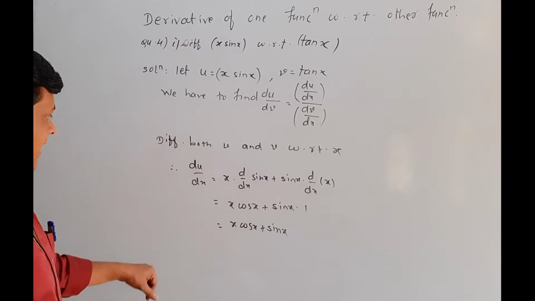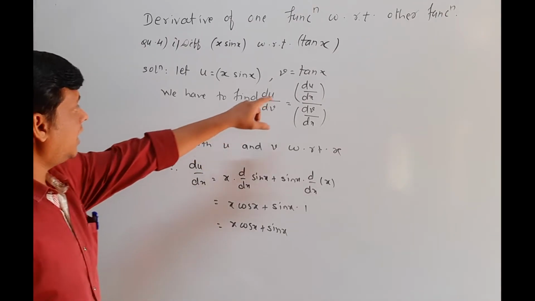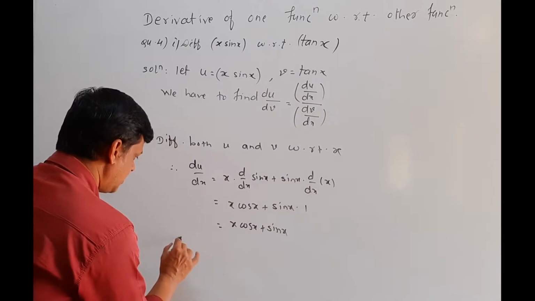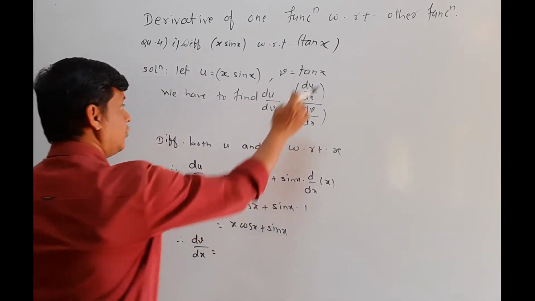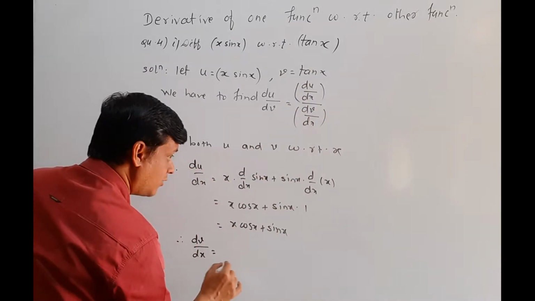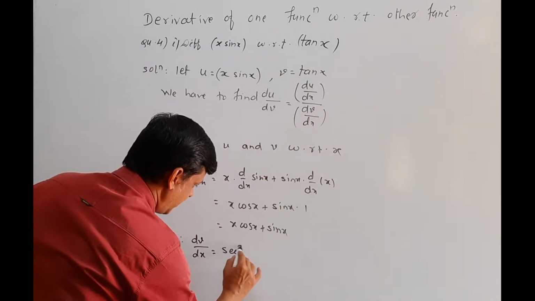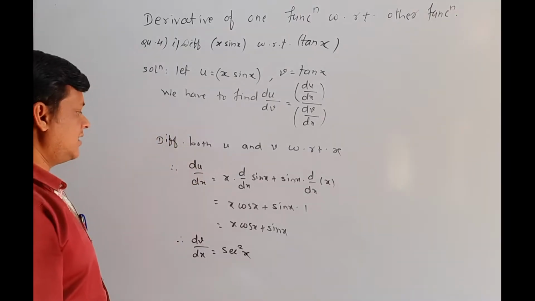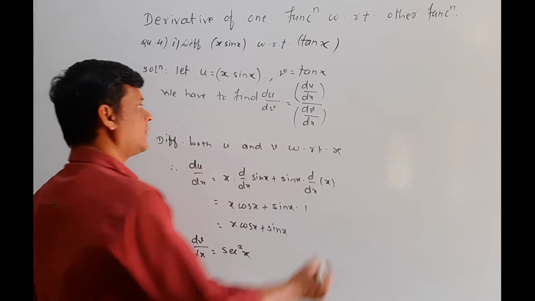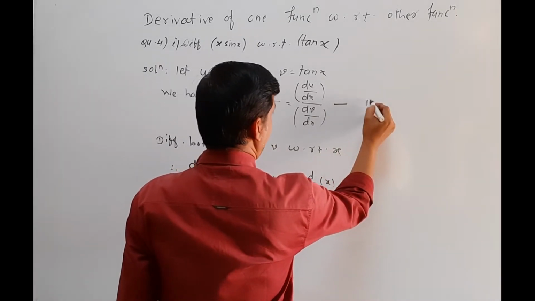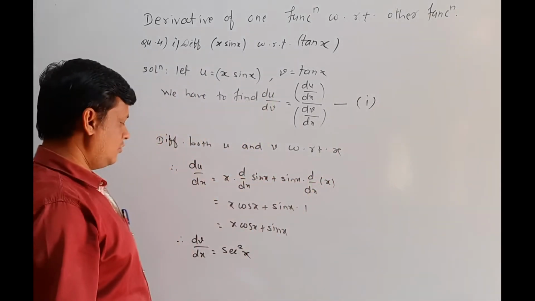Similarly we find here derivative of v with respect to x. Therefore dv by dx is equal to, we know that derivative of tan x with respect to x is sec square x. So we get here sec square x. Now we require du by dv. So we substitute the value here.